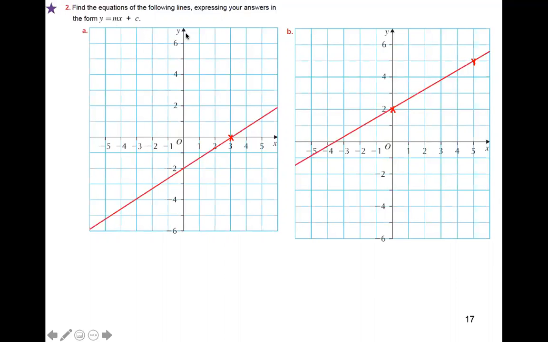It's called the y-intercept because it's where the line cuts the y-axis, and as you can see, where the line cuts the y-axis, we've not moved laterally around the x-axis. It just means x equals 0. And if x equals 0, 0 times m is 0, then y equals c. And that's why it's called the y-intercept.